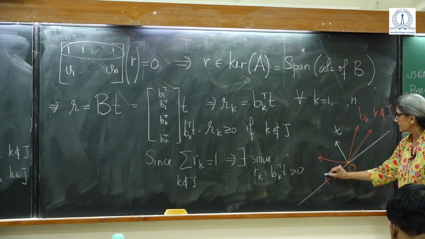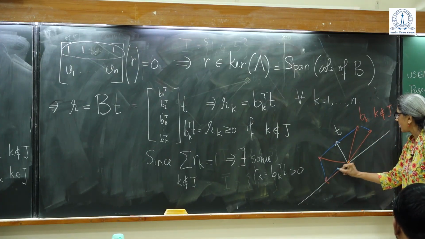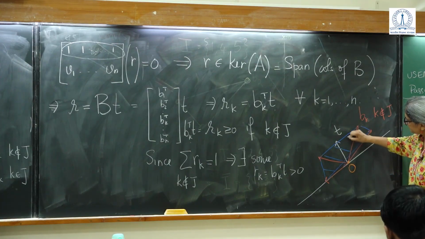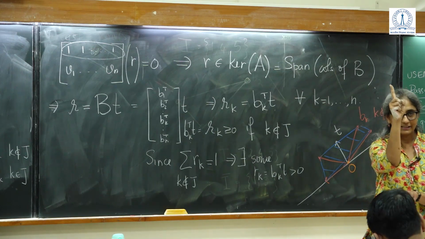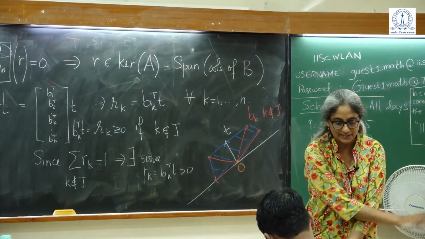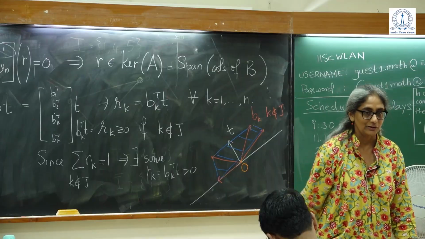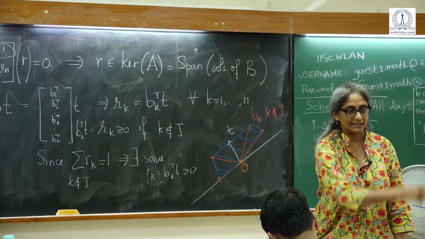If I convexify them, I will get something like this. So at least one of them sticks out. The rest may all be on the floor, where the floor is our hyperplane normal to T. Let's say a bunch of them are on the floor, but one of them sticks out. And then I convexify the whole thing.